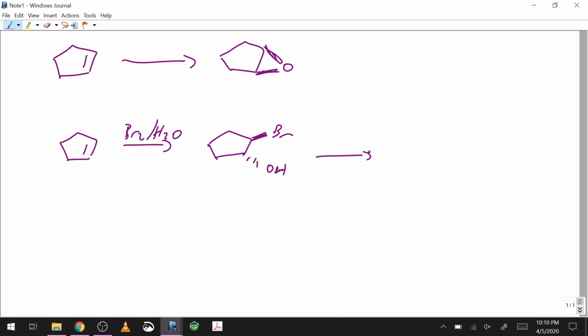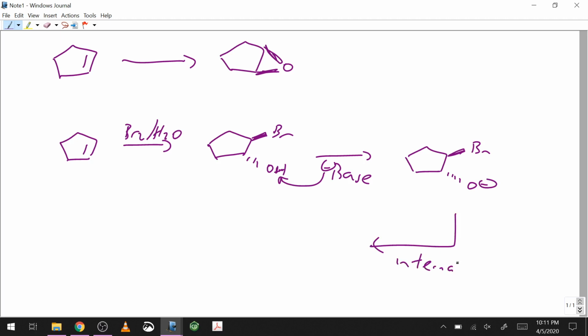And if we treat that with a base, what we get is a deprotonation here, and then what we get is an internal SN2, so that this nucleophile is coming in opposite to the halide and knocking it out. So that's one way to make an epoxide, is to do a halohydrin and then treat it with base.